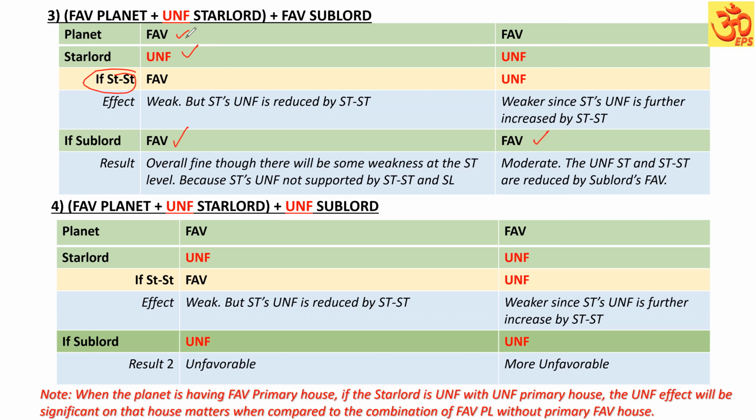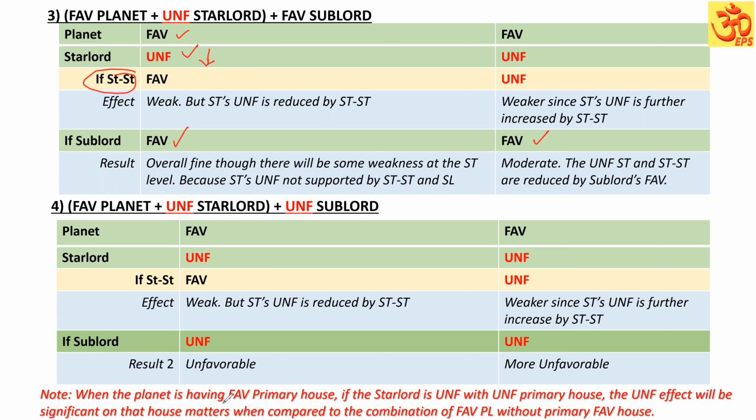In the first option, the planet is favorable, the star lord is unfavorable, so the planet's favorable strength is reduced. Please understand, I was telling in the previous slide about the planet being favorable and the star lord being unfavorable. If the planet has the primary favorable house, you can see I have given a note at the bottom.